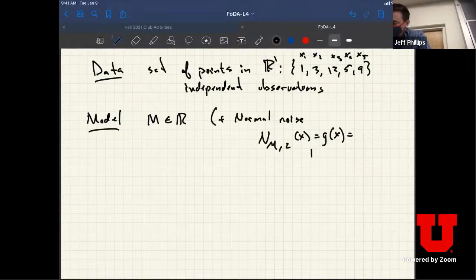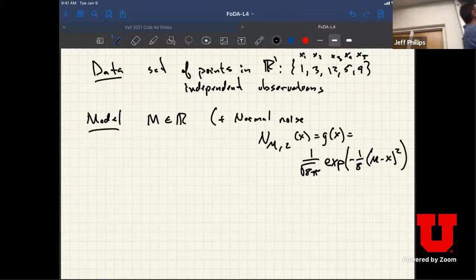So it's equal to 1 over the square root of 8 pi times the exponent of negative 1/8, remember, that was over 2 sigma squared, of m minus x squared. Okay, so this will be our noise model.